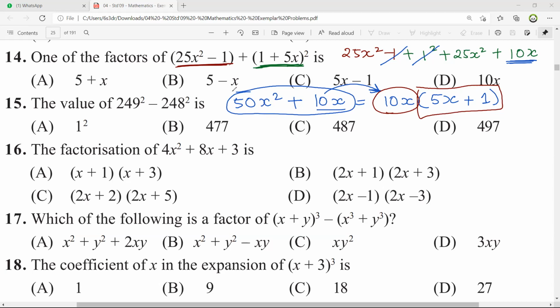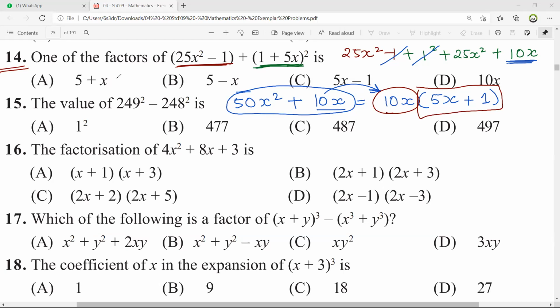Question number 14. One of the factors of this is what? Ma'am, option C.